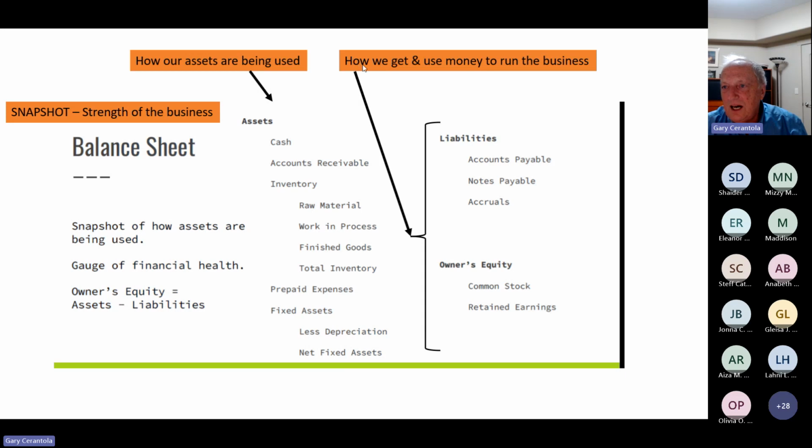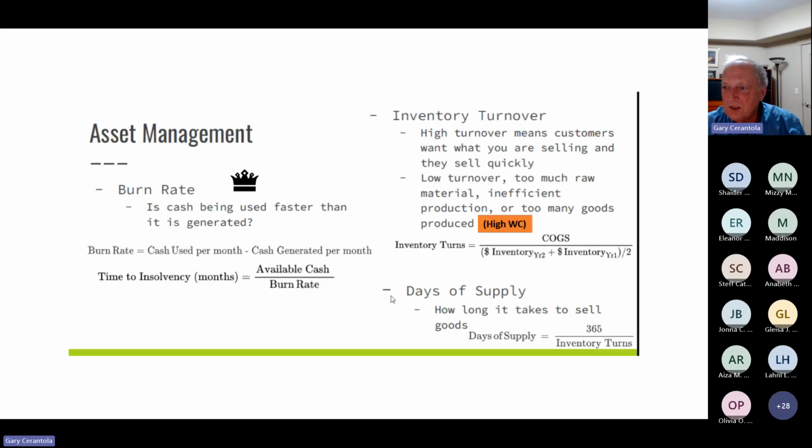And then you look at how we get and use the money to run the business. So that's how this all breaks down. The more retained earnings that a company takes on, the more capability it has to invest for expansion, or save for a rainy day, or all those other things. So that's where that goes.